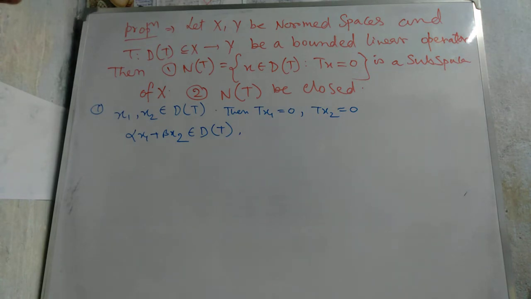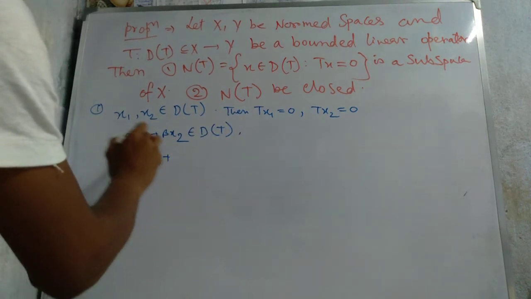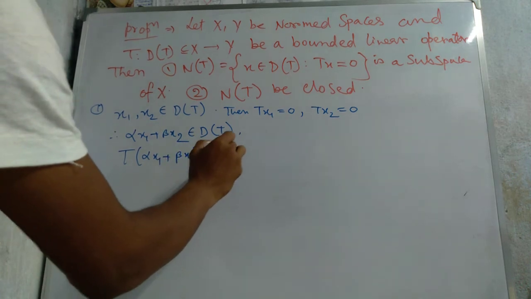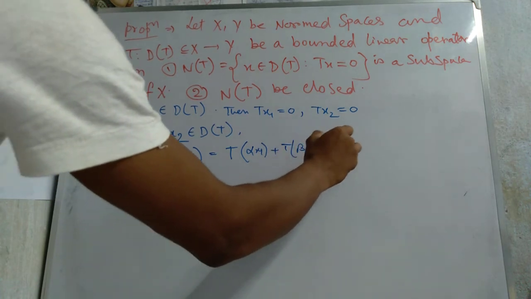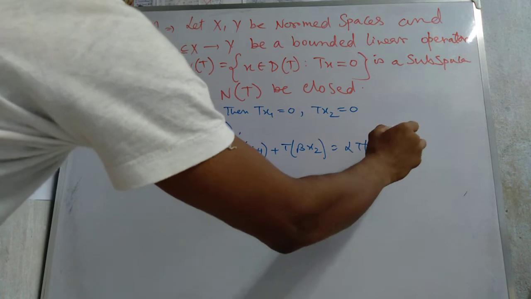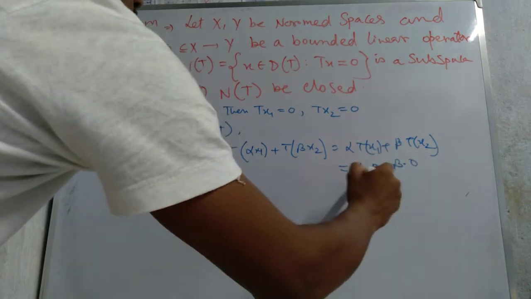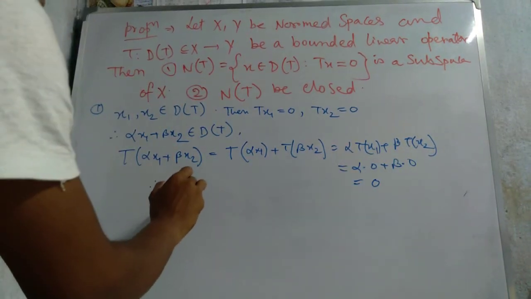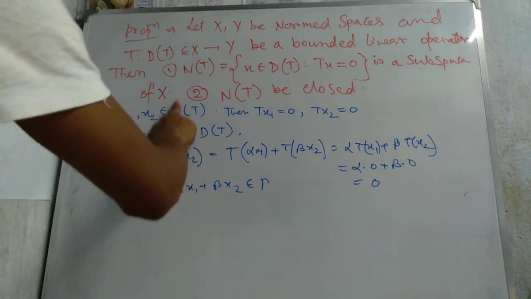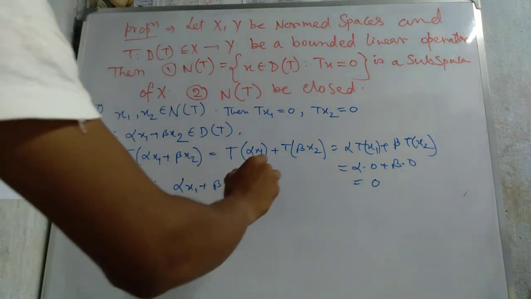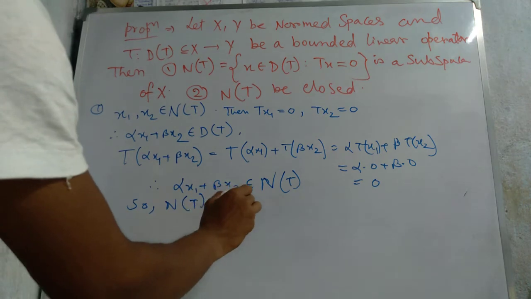Then T of (αx₁ plus βx₂) equals T of αx₁ plus T of βx₂, equals α(Tx₁) plus β(Tx₂), equals α0 plus β0, equals 0. Hence αx₁ plus βx₂ belongs to N(T), not D(T), here N(T). So N(T) is a subspace of X.